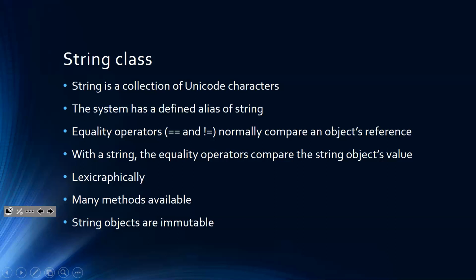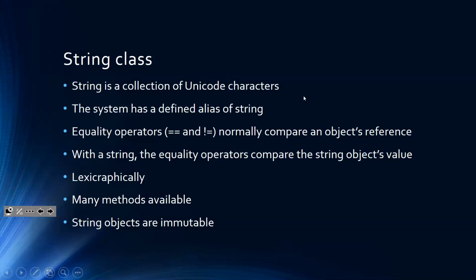So if you've had Java, you know that you have to do some special things to compare strings. In C# you don't, because those things are taken care of for you. So strings are going to be compared lexicographically, like A, B, C, D, E, that same kind of order. And with our string class, we also have a lot of methods available.